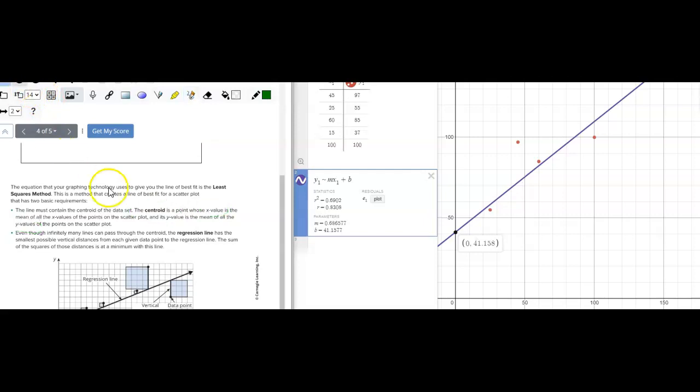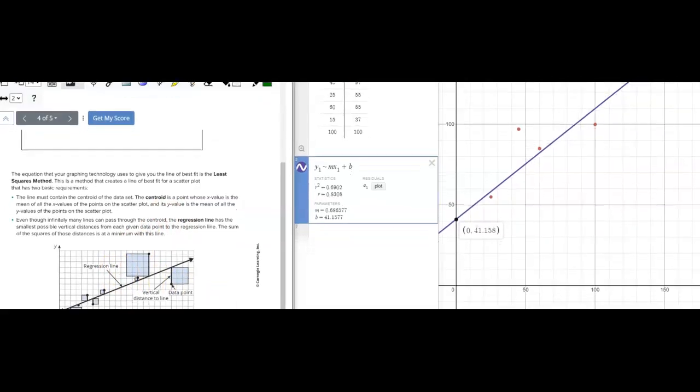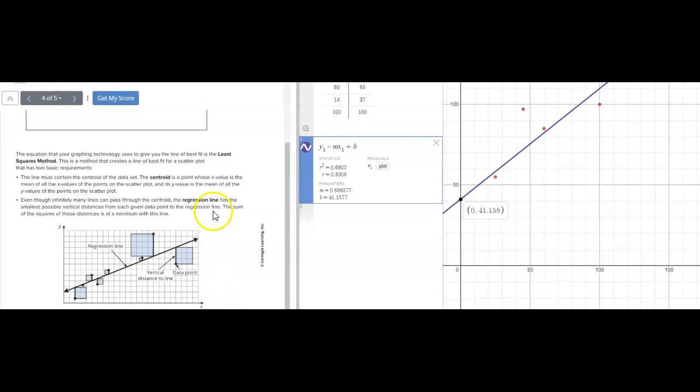Another thing the least squares method does to make the regression line is use the idea that you can see in this diagram. What you're looking for is the line, if you compare different lines, that would have the smallest area of shaded squares.